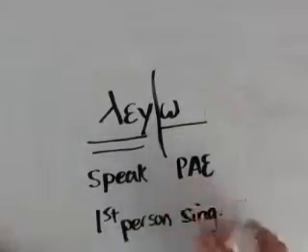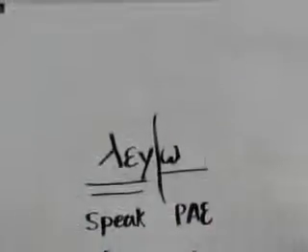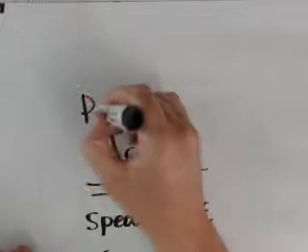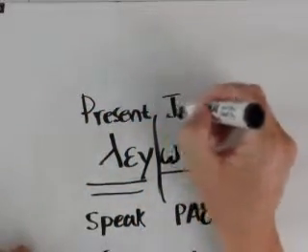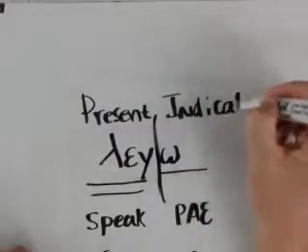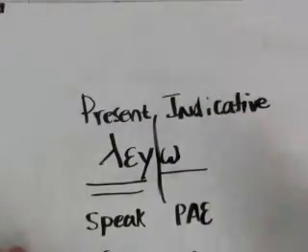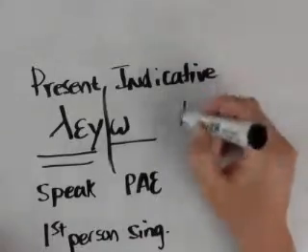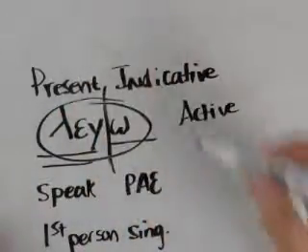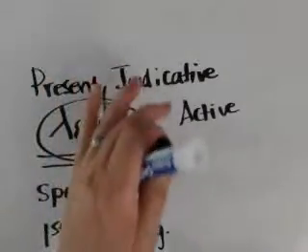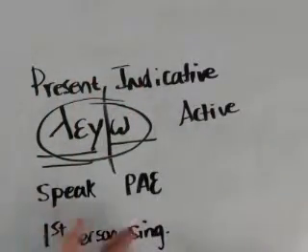And then you would know that this is from the present indicative, and of course present indicative active. So now with this alone, you have tense, mood, voice, person, and number.